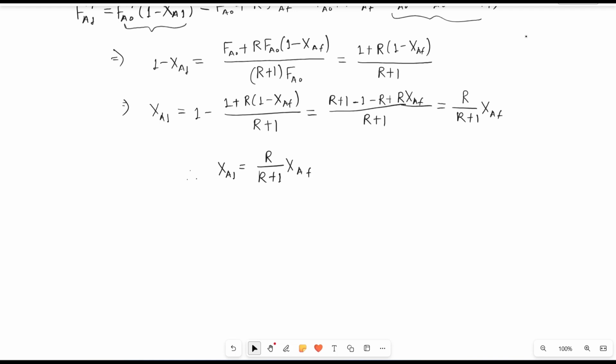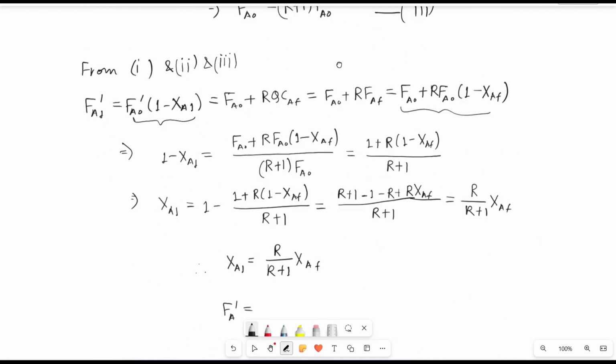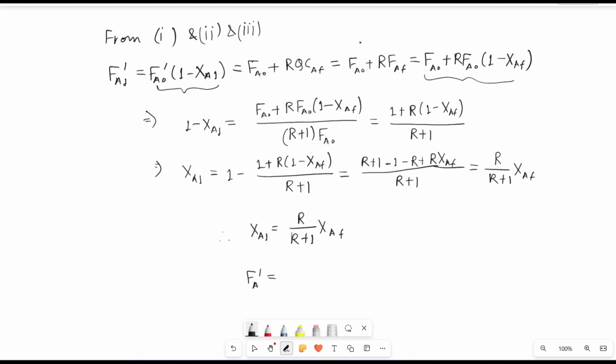Now we will use this expression. FA prime equals FA naught prime (1 minus XA) from 1. FA prime equals FA naught prime (1 minus XA), and for FA naught prime we get R plus 1 times FA naught (1 minus XA).